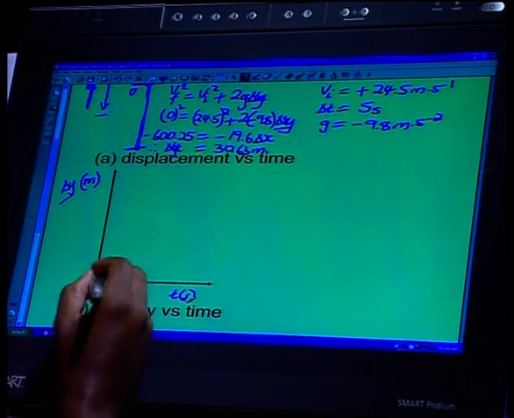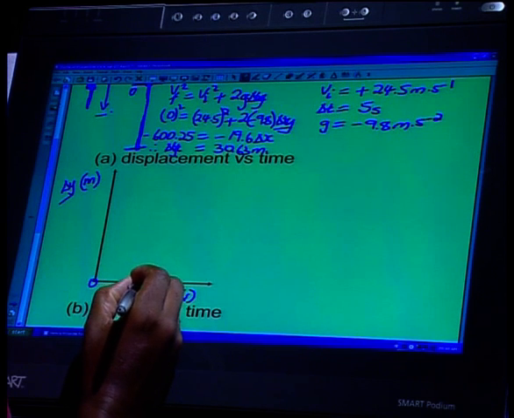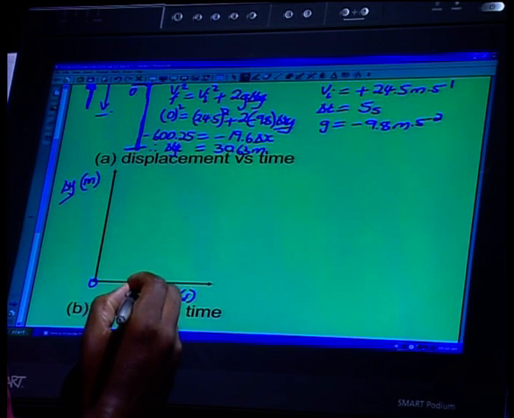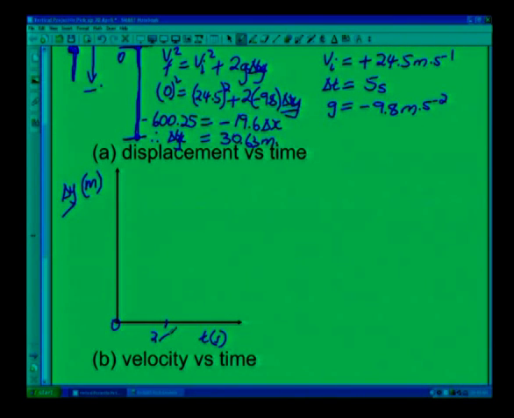So from 0, let's say that point there, it's half the time, which will be 2.5 seconds, and that then becomes your 5 seconds. And remember, this is your time axis in seconds.